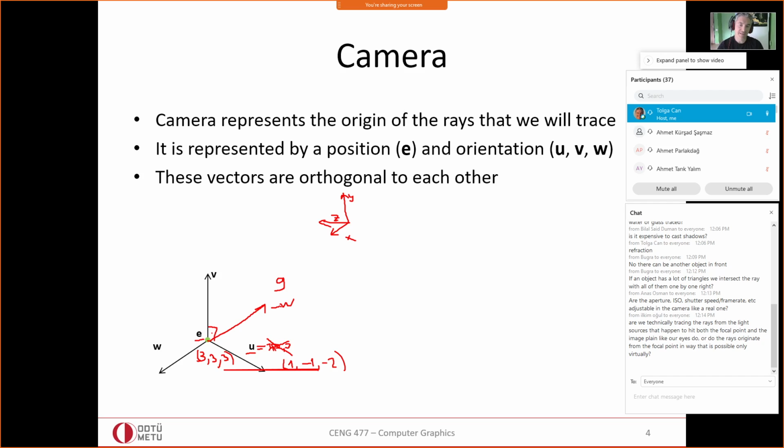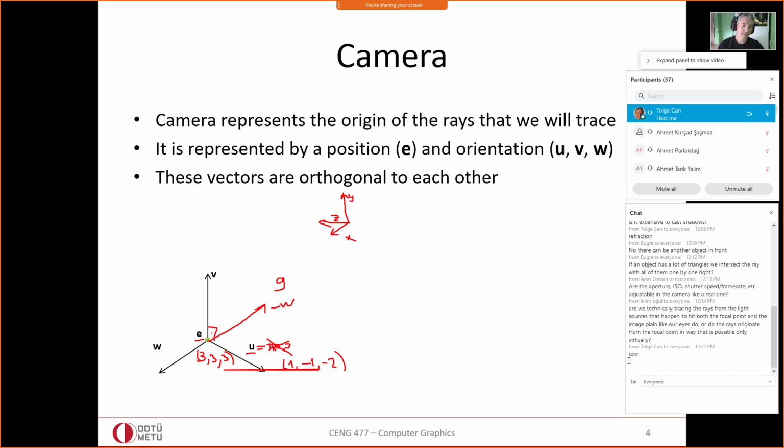It's a vector by itself. If, for example, somebody gives you just u and v, the gaze, or w, will be easy to compute, because they're all orthogonal to each other. If somebody gives you u and v, what is w? w is simply u cross product v. I wrote it in the chat box; this x corresponds to cross product.